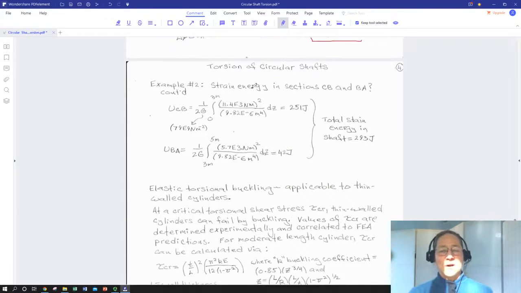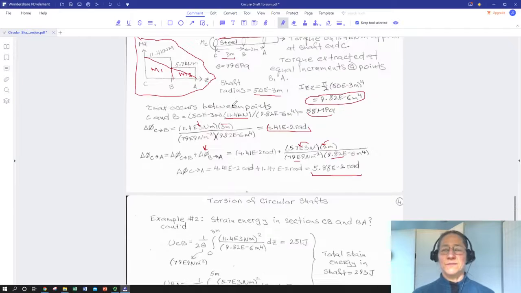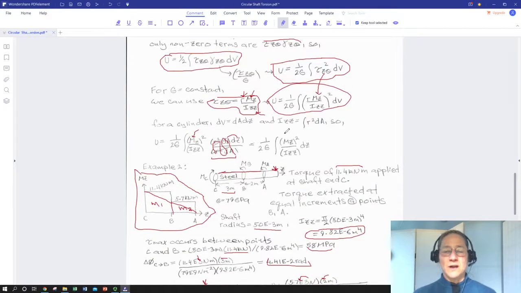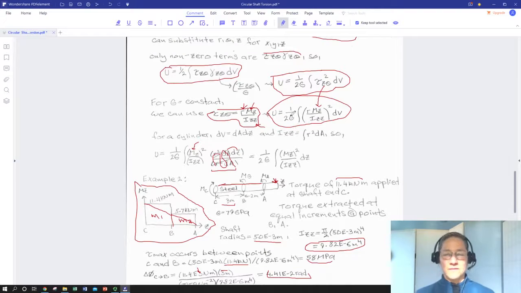Okay. We can also, since we derived an expression for strain energy and haven't used it yet, go ahead and get the strain energy in each of those sections. So we can use an expression that we just derived up here of our tau squared for a cylindrical shaft, using our strain energy as 1/2 times our shear strain times our shear stress, integrated over our volume.